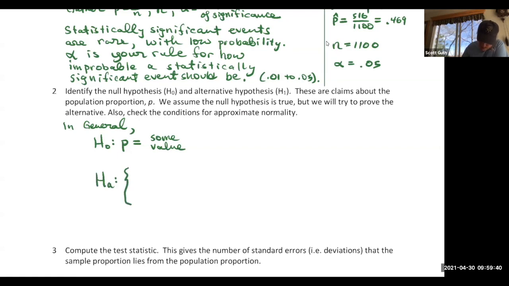It either says that p is less than the same value, or p is greater than that same value, or p is just not equal, and not equal means less than or greater than that same value. You have to pick one.